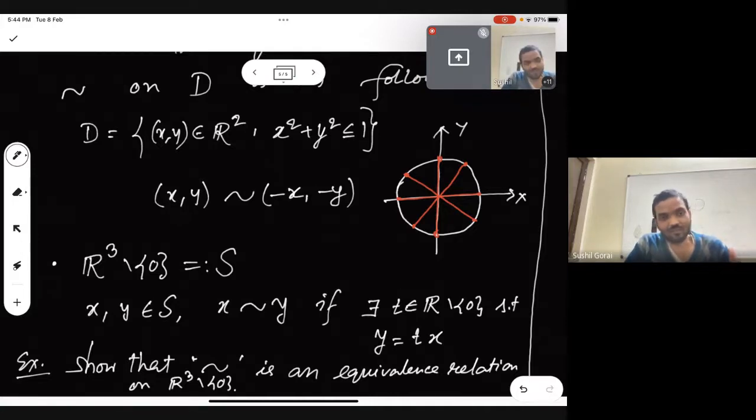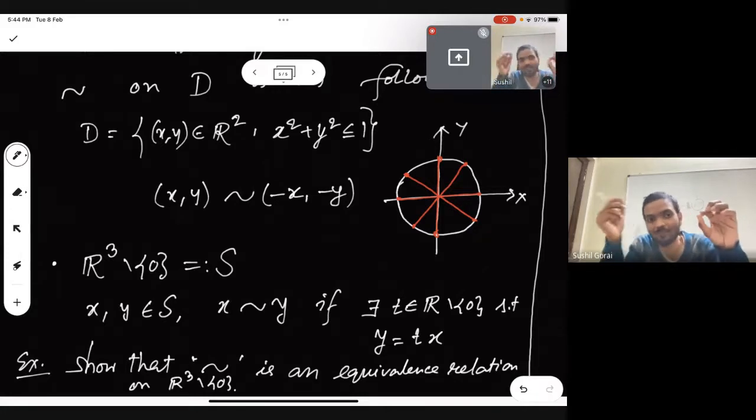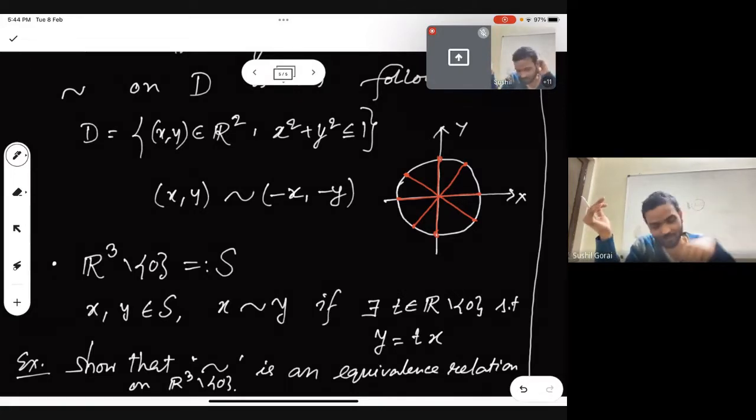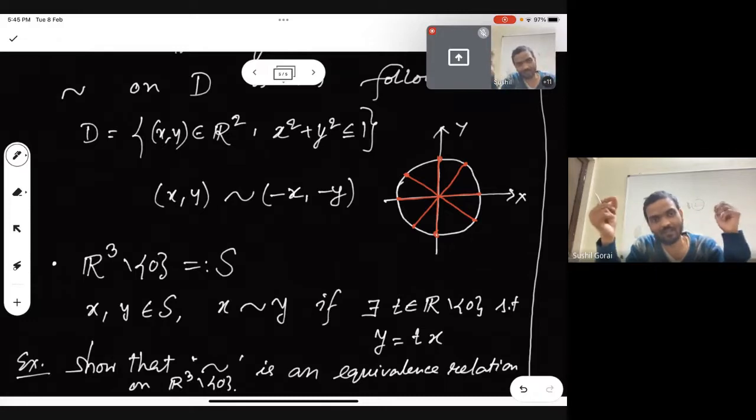An equivalence class means every point on that line, so you get the whole line through the origin, but the origin is not in the space, so all the points except the origin on that line become one class. Any question here?